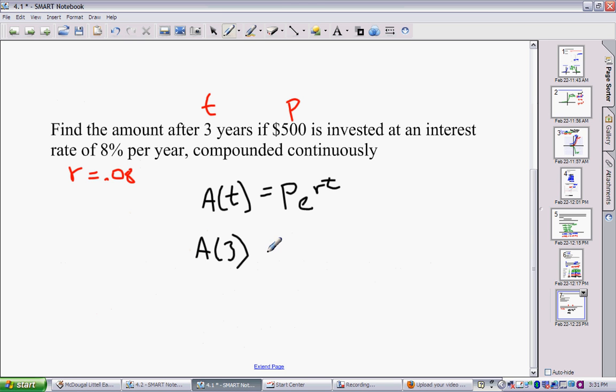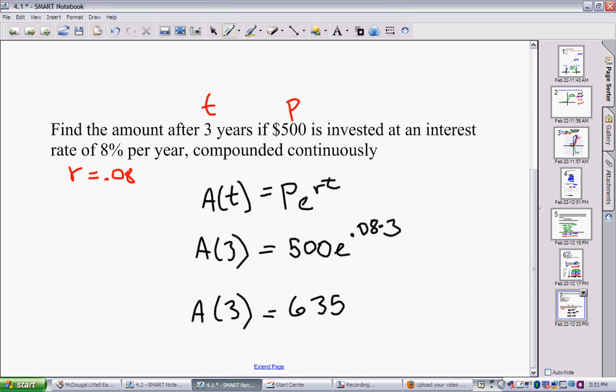So after 3 years, that $500 times e to the 0.08 times 3. So after 3 years, you get $635.62. Only 2 cents more than if compounded every day.